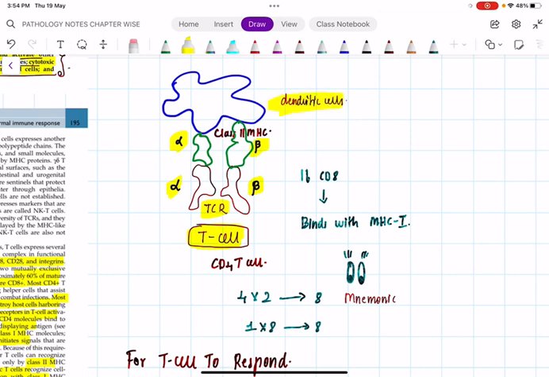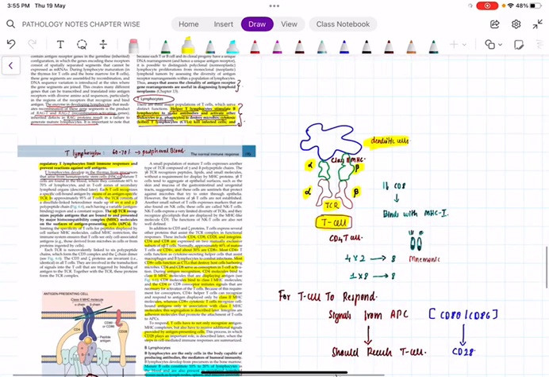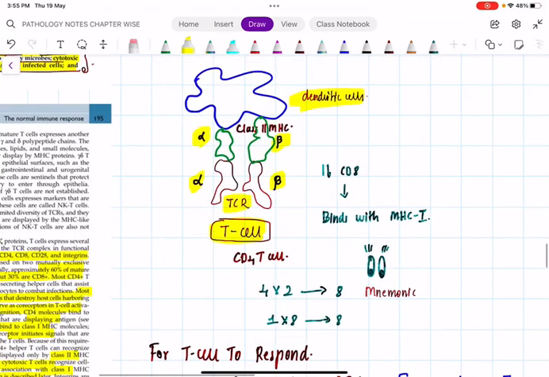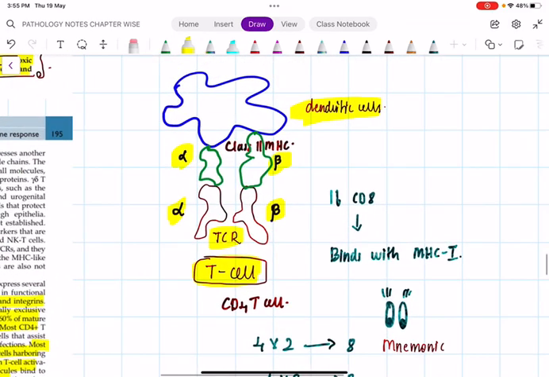What are dendritic cells? Dendritic cells are nothing else but what we call antigen presenting cells. These dendritic cells will express class 1 or class 2 MHC. I have drawn a CD4 T cell. Remember, CD4 T cells express class 2 MHC, whereas CD8 T cells always express class 1 MHC.